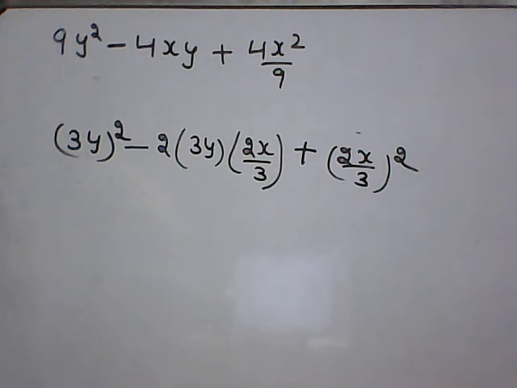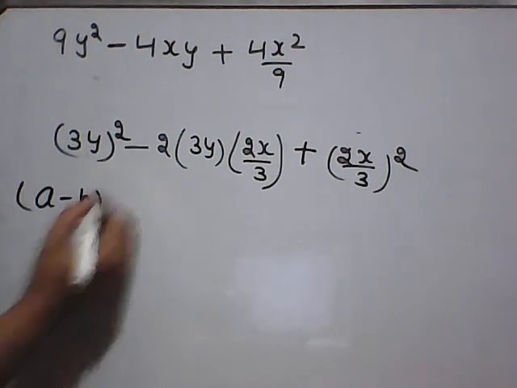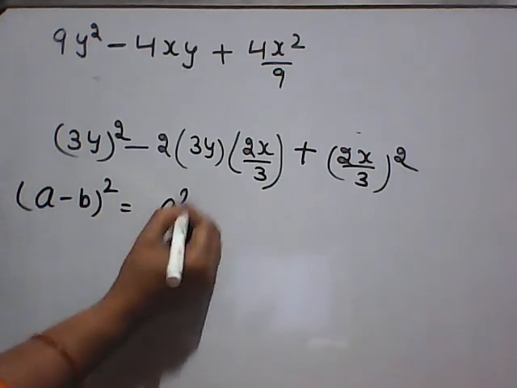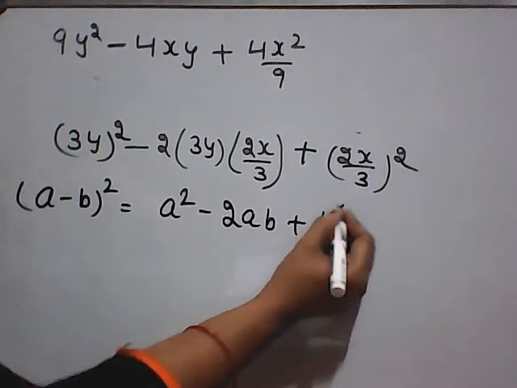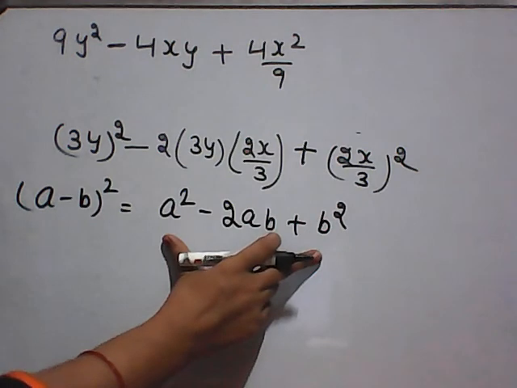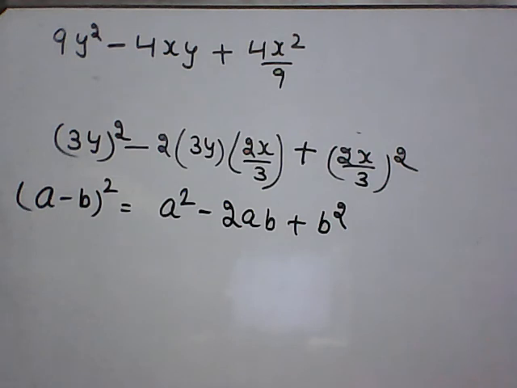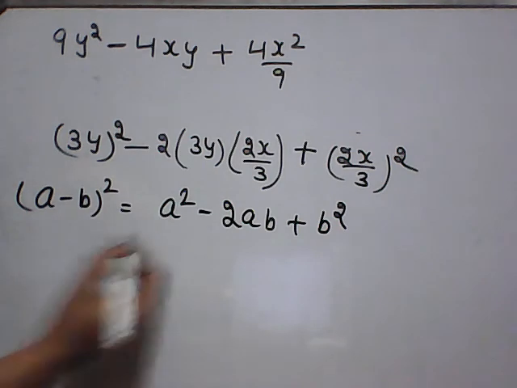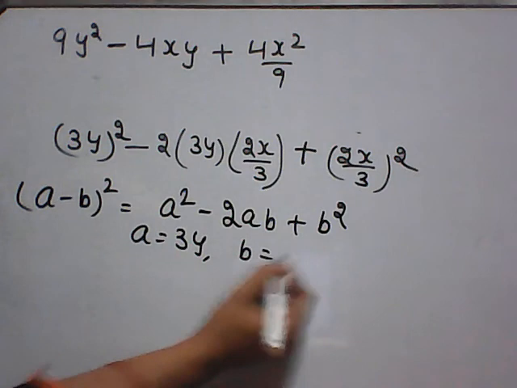So the second identity. What is the second identity? (a minus b) whole square is a square minus 2ab plus b square. Here the first and third terms are perfect squares with a negative sign before the middle term. So compare it with this identity. Here a is 3y and b is 2x by 3.